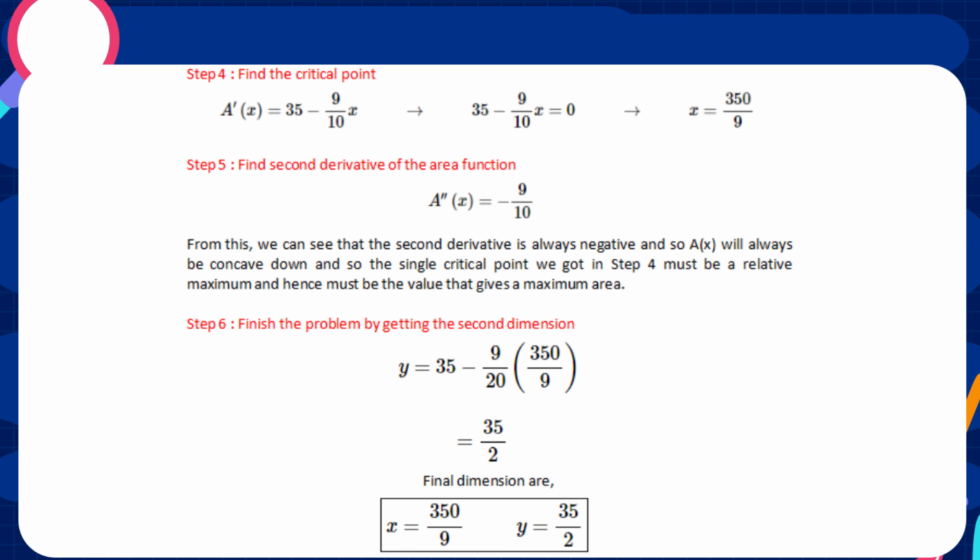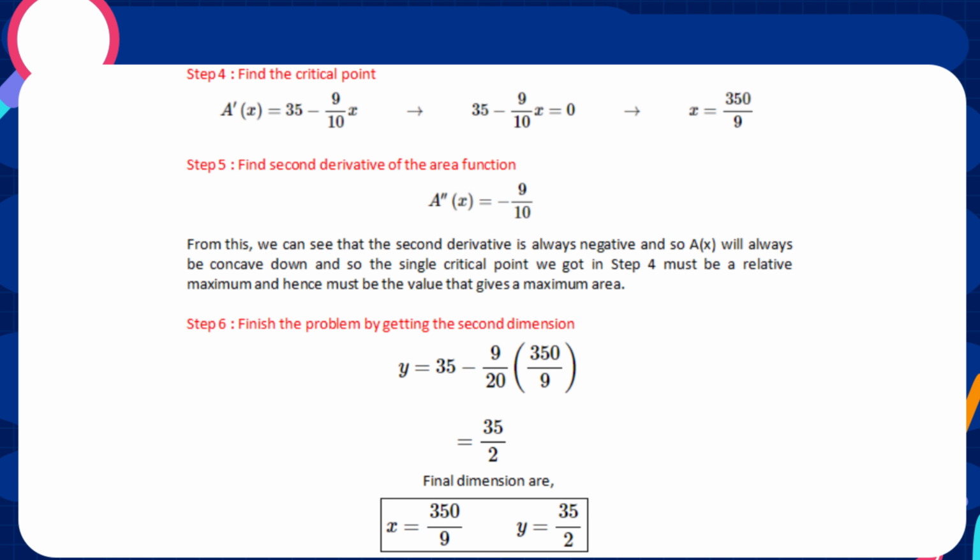The second derivative of the area function is A''(x) = -9/10. From this, we can see that the second derivative is always negative, and so A(x) will always be concave down, and so the single critical point we got in step 4 must be a relative maximum. And it also gives the value of the maximum area.